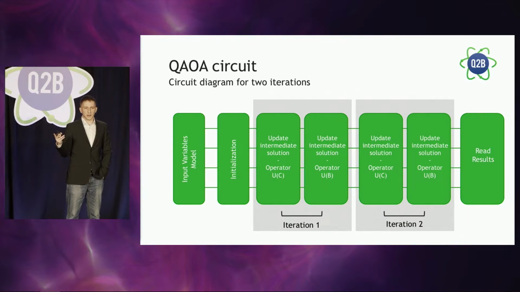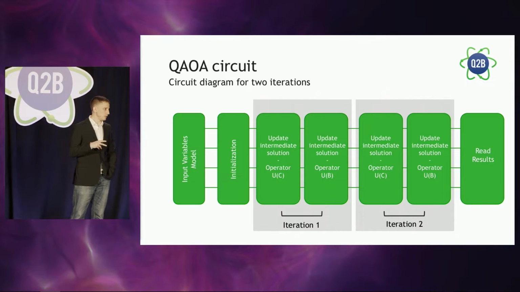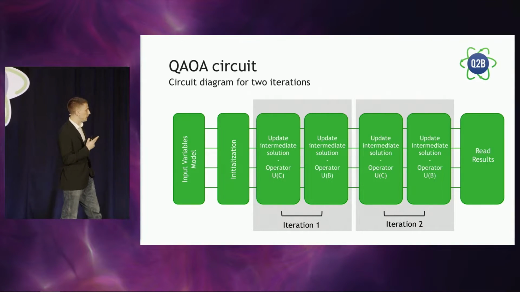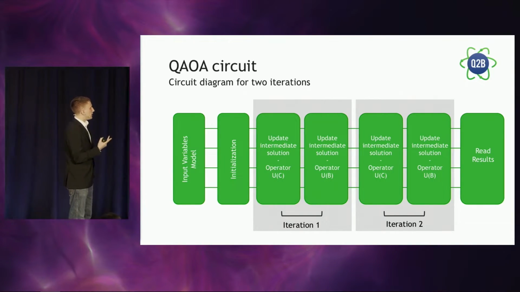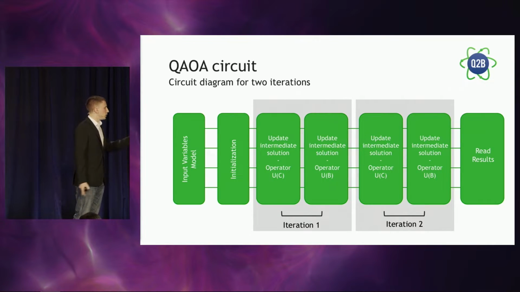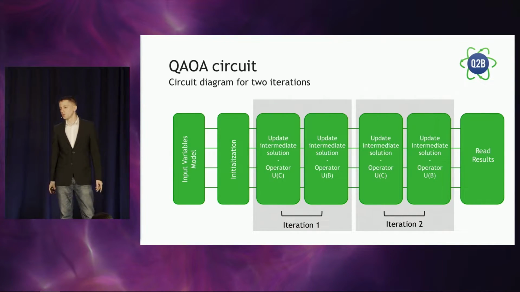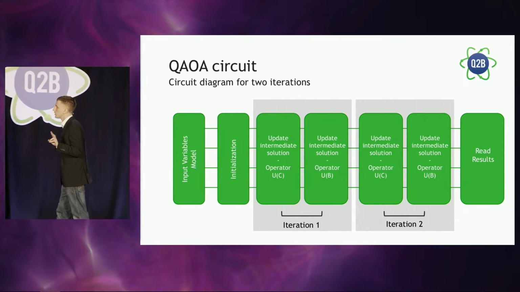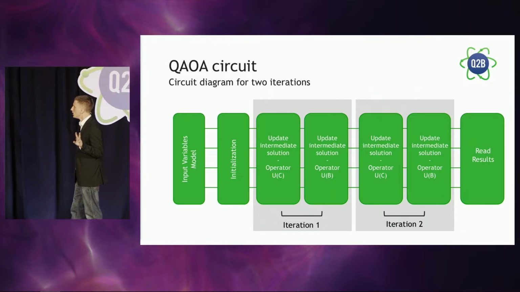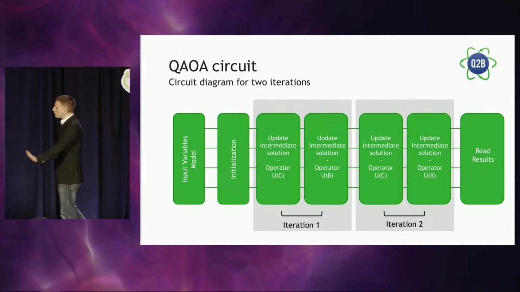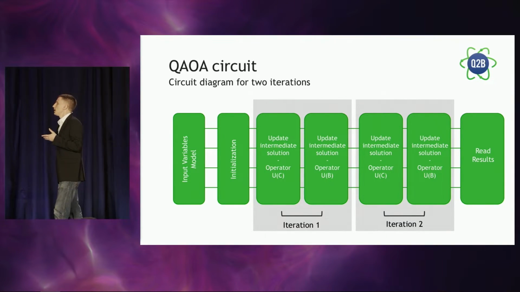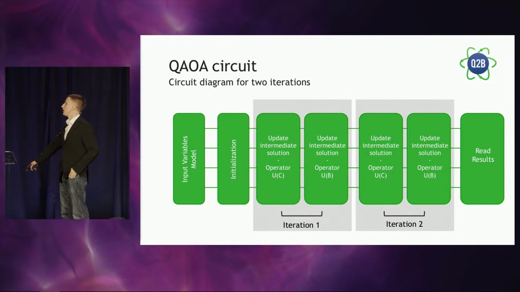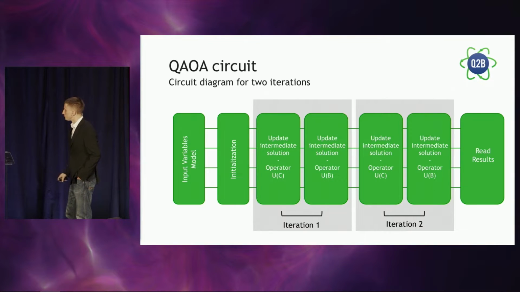Each pair of operators UC and UB, which I'm not going to explain here, updates the intermediate solution and corresponds to one iteration. In this case, we have 2 iterations, which means that we have 2 UC operators and 2 UB operators. When we have applied these quantum operators, the only thing left is to read the results and obtain the expectation value for this quantum circuit.